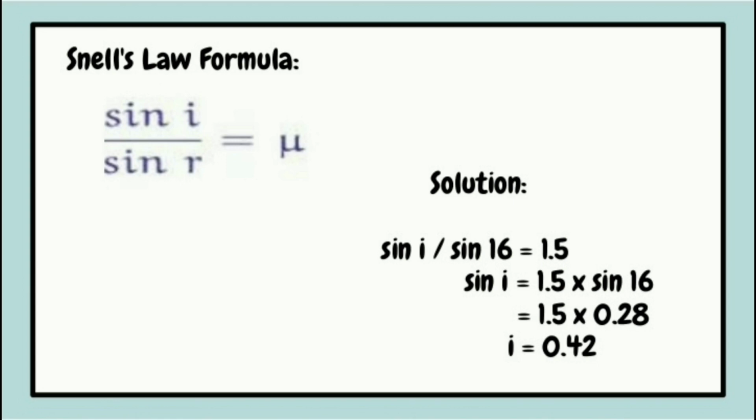Snell's law formula: sine I over sine R equals the refractive index. For the solution, sine I over sine 16 is equal to 1.5. Sine I equals 1.5 multiplied by sine 16, which is 1.5 times 0.28. Sine I is equal to 0.42.